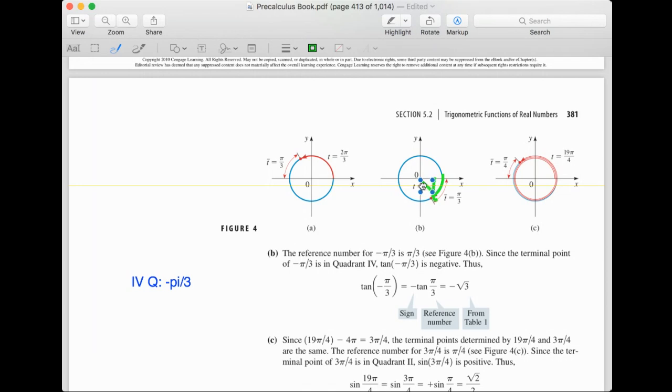Then you see we formed a triangle with this part of the x-axis. Let me try to draw here. So we have negative pi over 3. We start from 0.